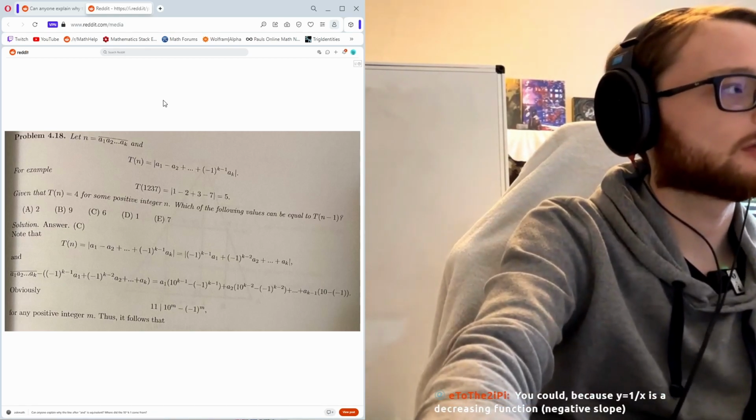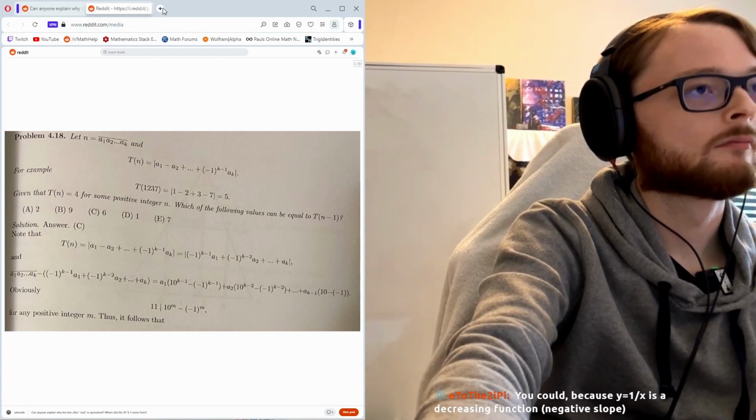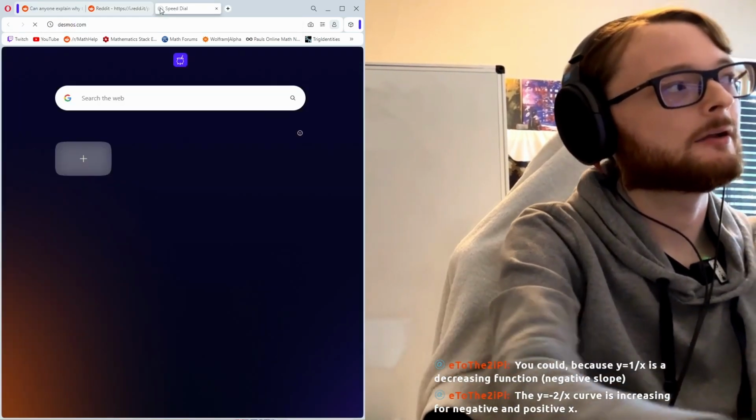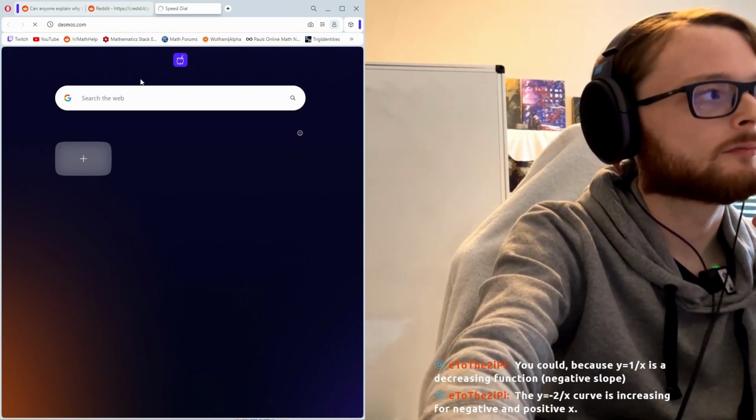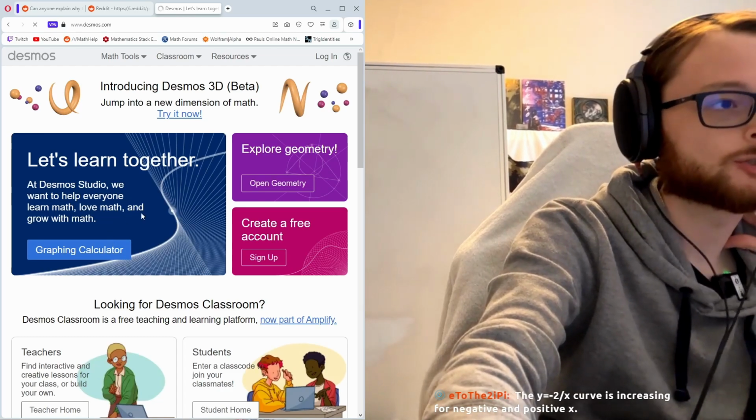The person mentioned getting y equals 1 over x in their thing. I thought they were just messing around with doing random math though. It wasn't actually anything that meaningful.